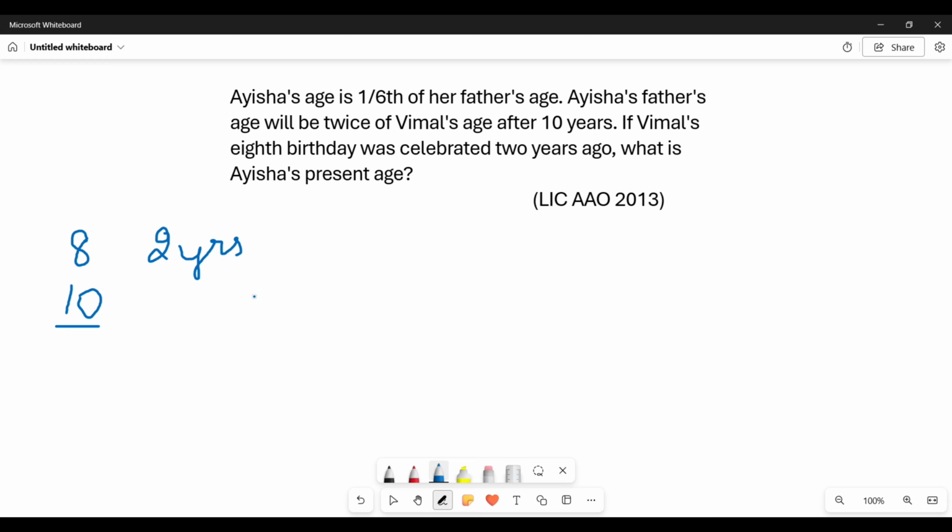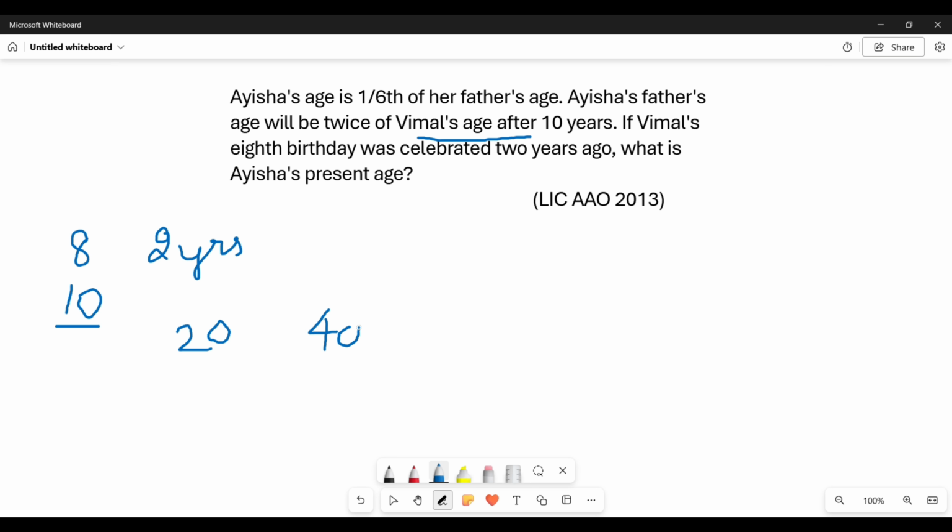Now, Aisha's father's age will be twice of Wimmel's age after 10 years. Wimmel's age after 10 years, what is that? 20, right? What will be twice of Wimmel's age, which is 40?